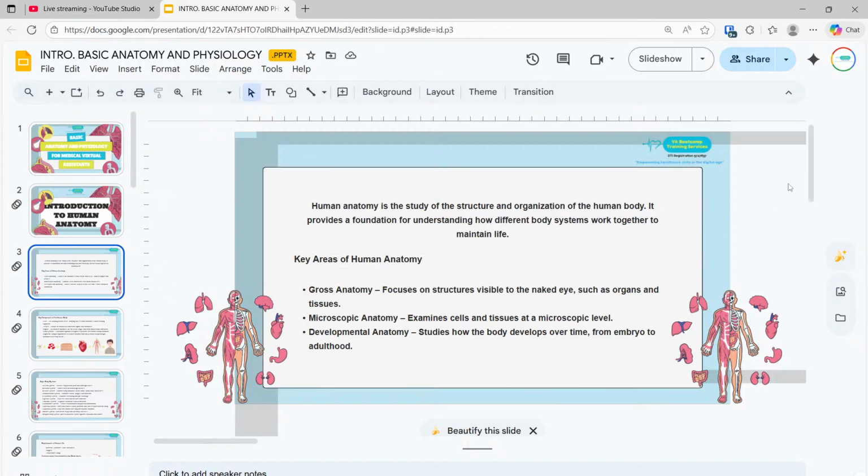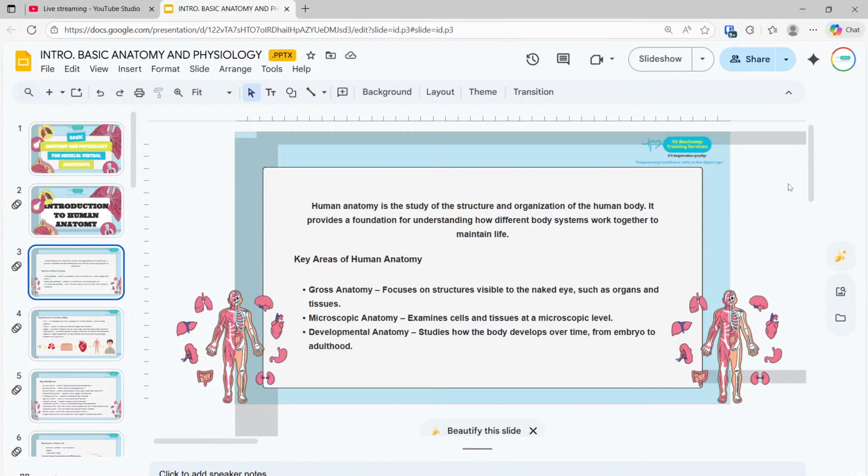All right. So human anatomy is the study of the structure and organization of the human body. It provides a foundation for understanding how different body systems work together to maintain life. So what are the key areas of human anatomy? We have gross anatomy, which focuses on structures visible to the naked eye, such as the organs and tissues.